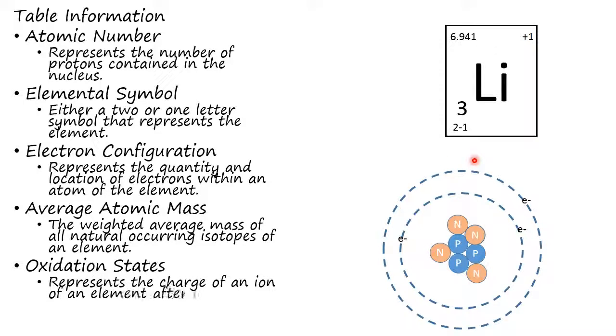And then finally, the oxidation states of an element represent the charge of an ion of an element after electrons are gained or lost. So lithium has an oxidation state of +1, and that's due to the fact that when reacting with oxygen, it will lose this outer electron and gain a +1 charge.